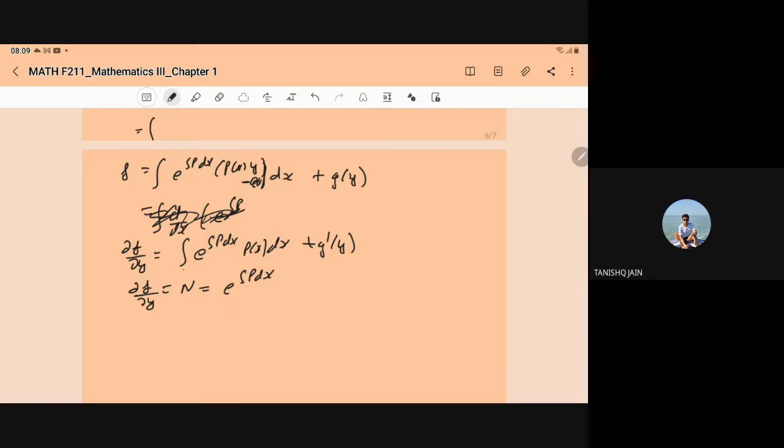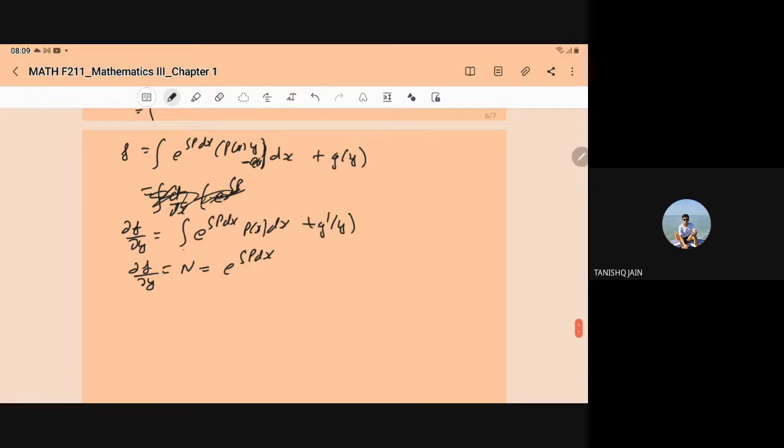So it means we have integral e to power integral P(x) dx into P(x) dx minus e to power integral P dx is equal to g dash y.